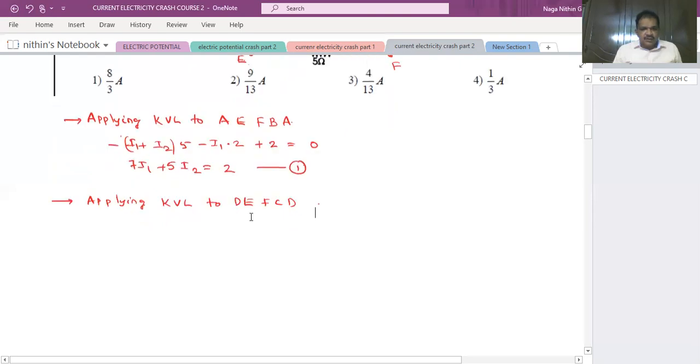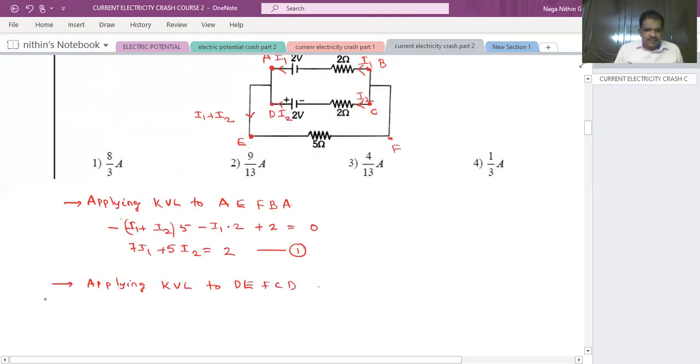What to write here? In this also, same: minus (I1 plus I2) into 5 minus I2 into 2 plus 2 is equal to 0.